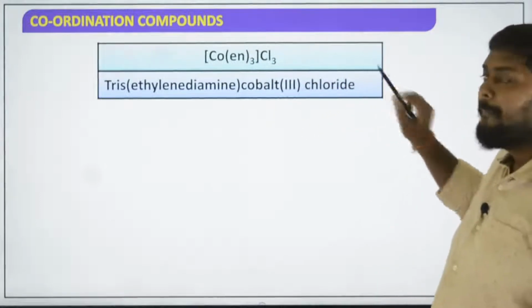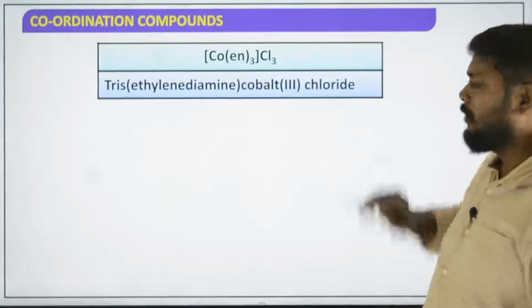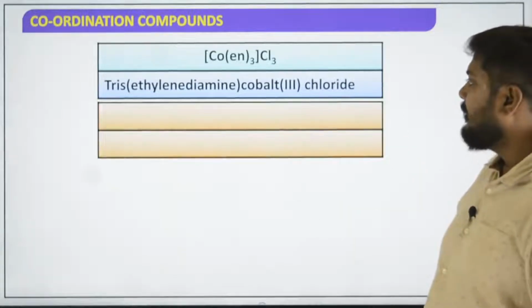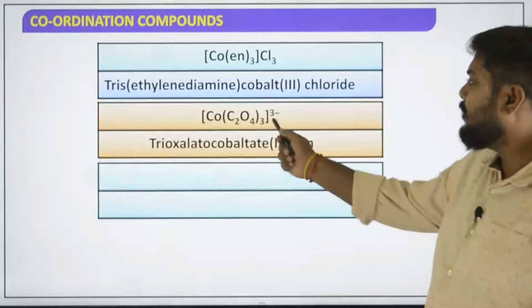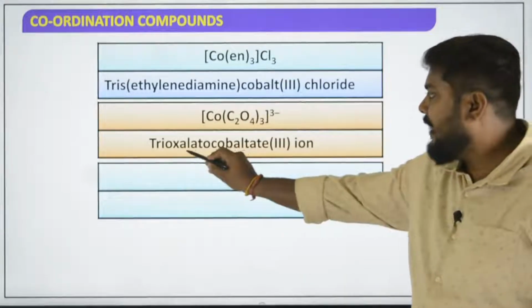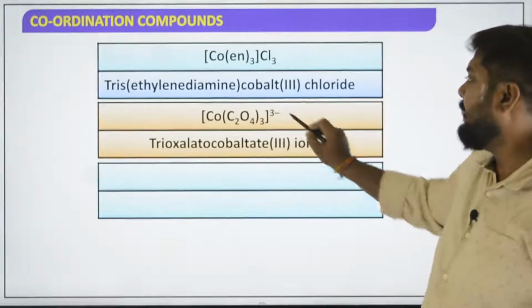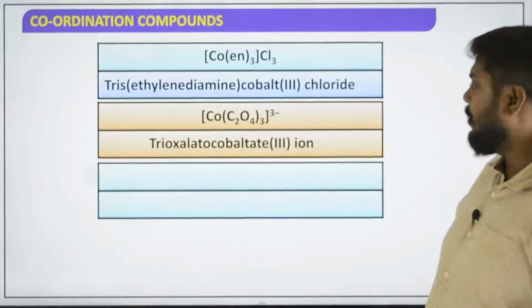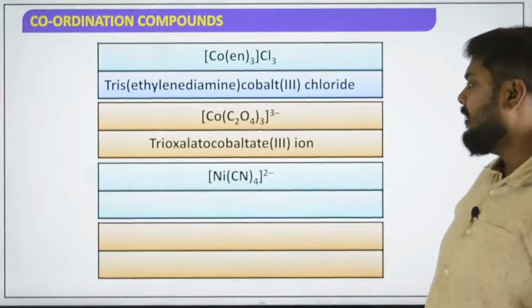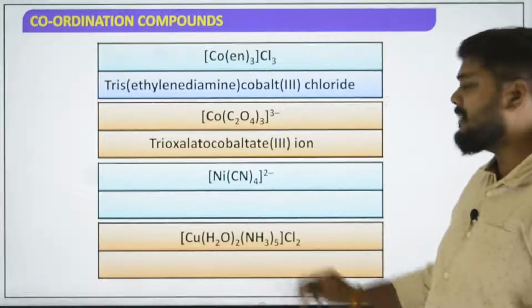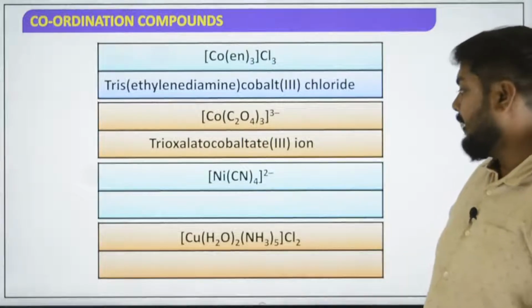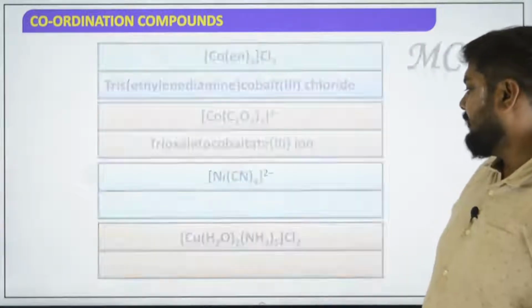After that, we have to mention the anion, so chloride, right? Next, [Co(C2O4)3]: this is trioxalato cobaltate(III), because it is an anionic complex. For your practice, I have given two complexes, [Ni(CN)4]2- and [Cu(H2O)2(NH3)5], right?